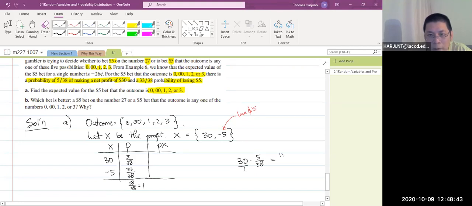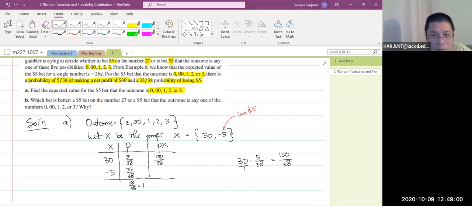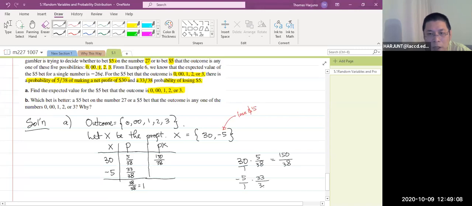So multiply the top, leave the bottom. Do you see that? This way you don't go into decimal, which very likely has rounding too early. And then the next one is -5 over 1 times 33 over 38.